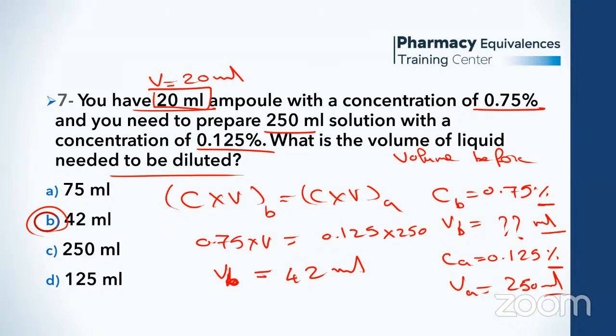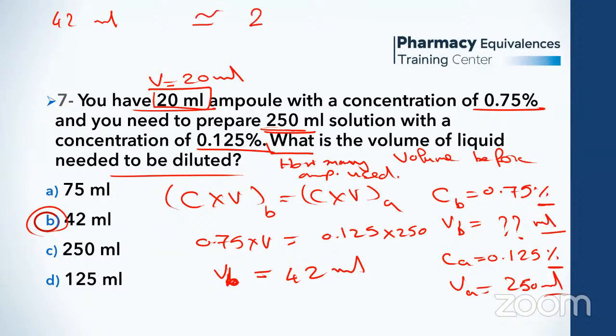If the question changed to how many ampoules are used to prepare this preparation or to make this dilution, in this case, 42 milliliter is present in how many ampoules?